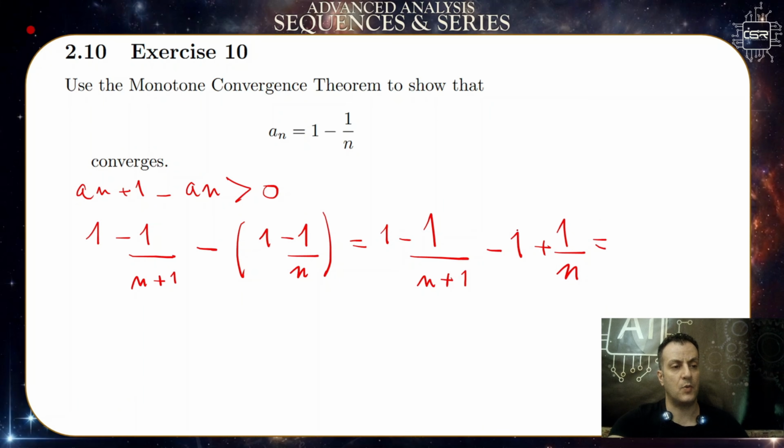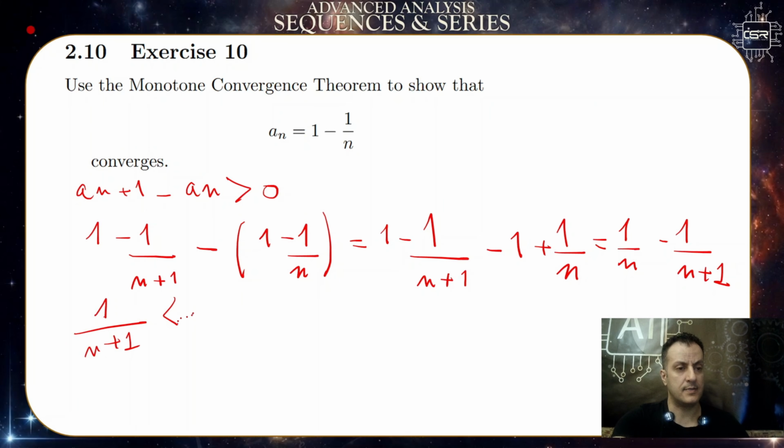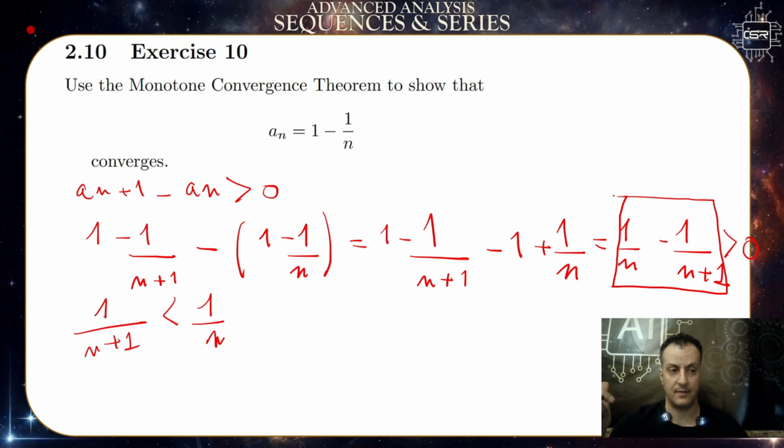Okay, 1 minus 1 is 0, so you end up with 1 over n minus 1 over (n+1). Now, 1 over (n+1) is less than 1 over n, correct? So 1 divided by (n+1) is less than 1 over n. Hence, 1 over n minus 1 over (n+1) remains greater than 0. So this sequence is monotonically increasing.